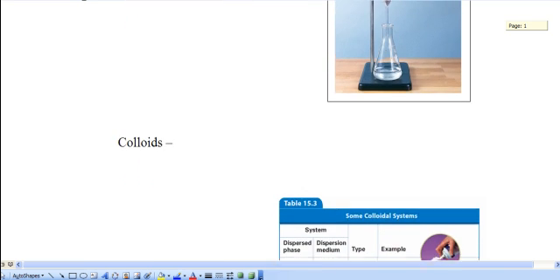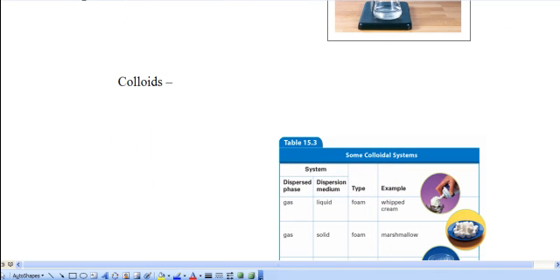Now, on the other hand, a colloid is going to be a system. Again, it is a heterogeneous system, so you can see the particles, but the particles are smaller. You're going to be on the order of 1 nanometer up to the 1,000 nanometers. And colloids do not settle out.